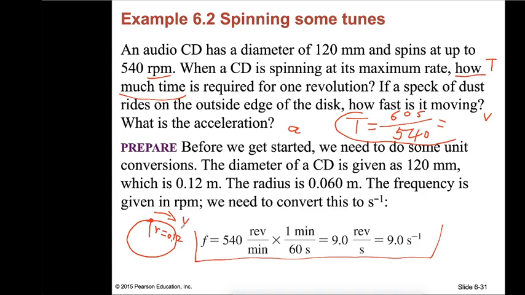That's the radius. So you have the radius, you have the time or period. Can you calculate v? Yes, v equals 2 pi r over t. You know r, you know t, so you can calculate the velocity.